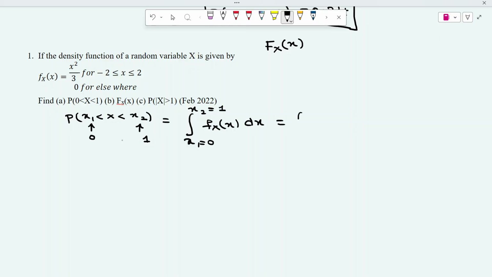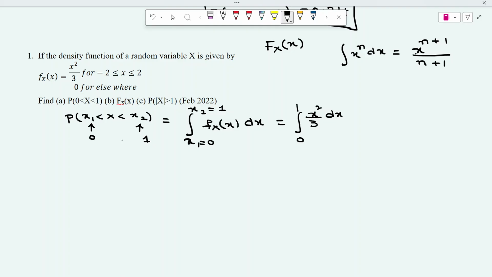So that is equal to the integral from 0 to 1 of f x of x. Between the limits 0 to 1, it lies in this range -2 to 2, so the density function between these values is x square by 3. So x square by 3 dx. From the formula of integrals, integral of x power n dx is x power n plus 1 by n plus 1.